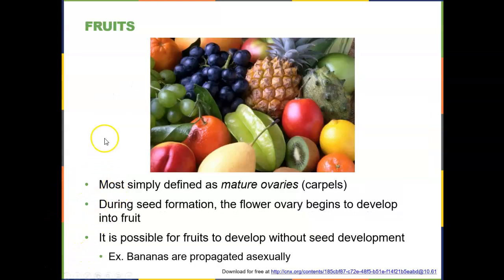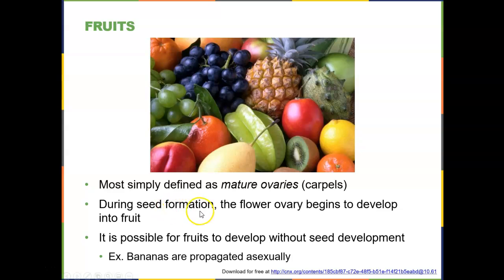So I mentioned before that fruits were very, very helpful for dispersing seeds. Keep in mind that a fruit is any plant structure that contains seeds, and they are officially considered a mature ovary of the carpel. So anything that is a fruit is a mature plant ovary.